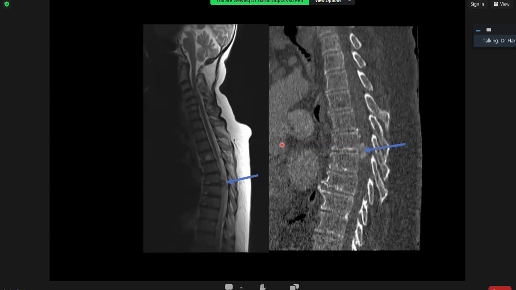So the next we look at the disc protrusion in the thoracic spine. So the thoracic discs, when they become quite big, the important thing to recognize is these are often calcified. So if you see a large thoracic disc protrusion, always recommend CT scan examination.